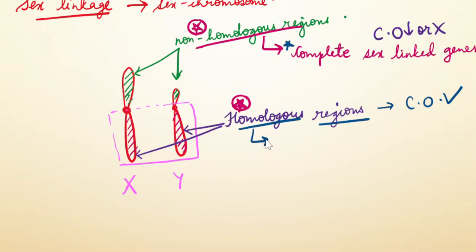Here in the homologous region there are incomplete linked genes. The genes present on these homologous regions of X and Y are known as incomplete sex linked genes.